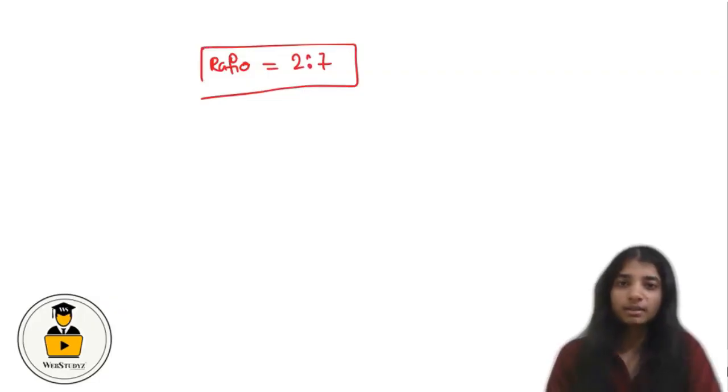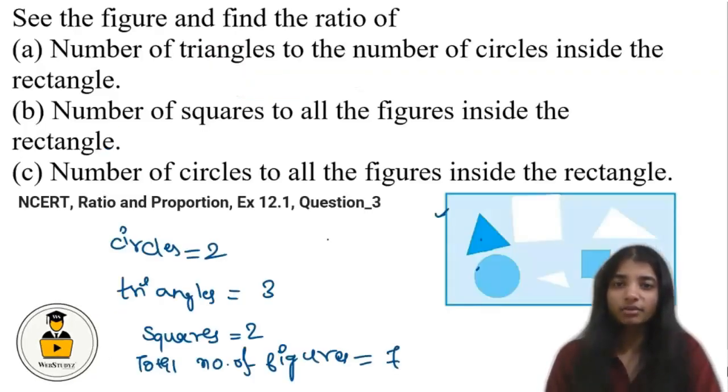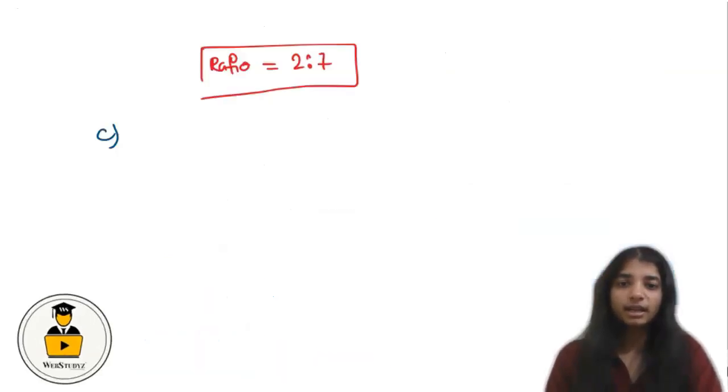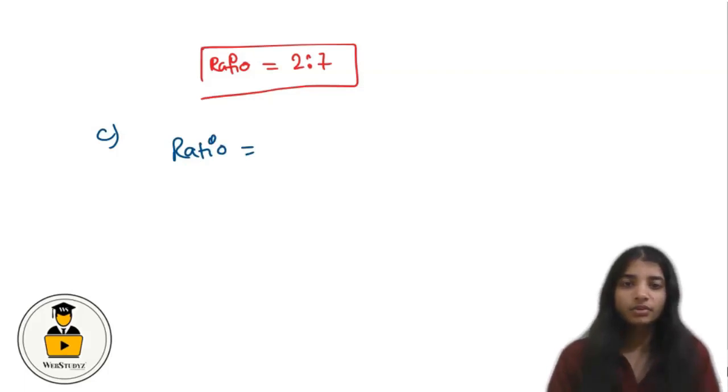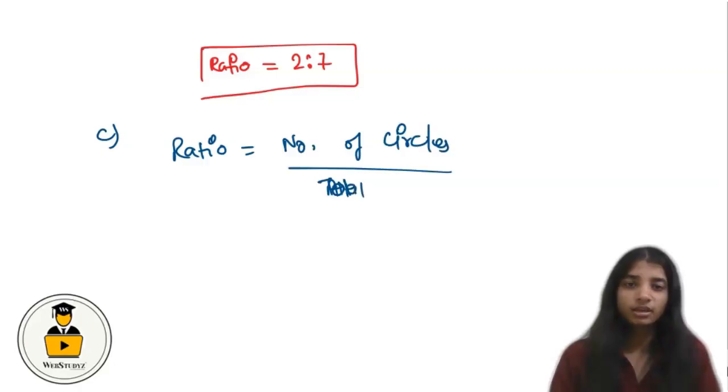Now let's discuss part C. In part C of this question, we have to find the ratio of the number of circles to all the figures inside the rectangle. So we are going to take the number of circles in the numerator, and the total number of figures in the denominator.